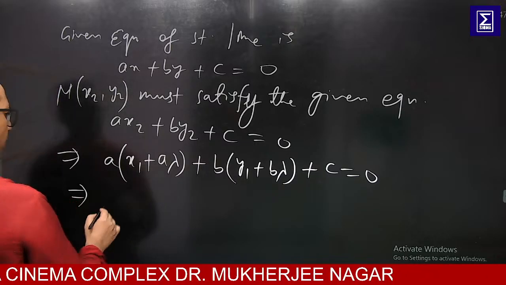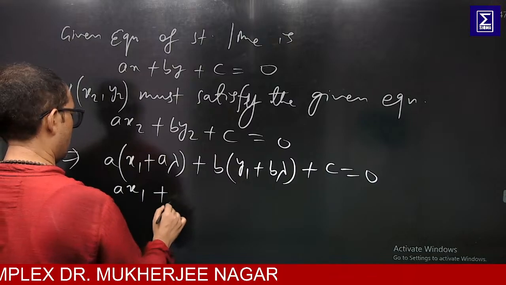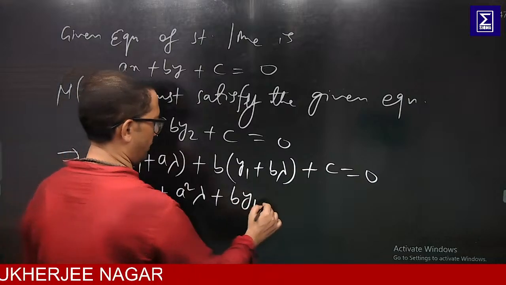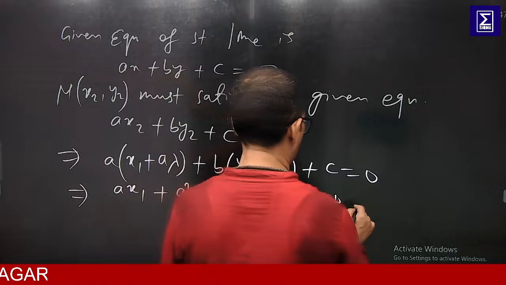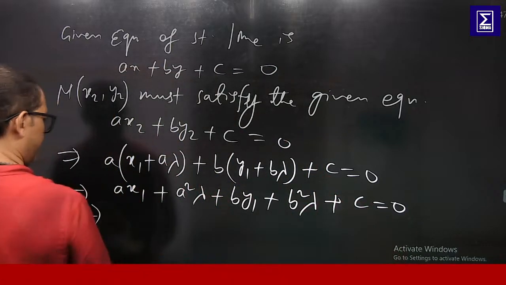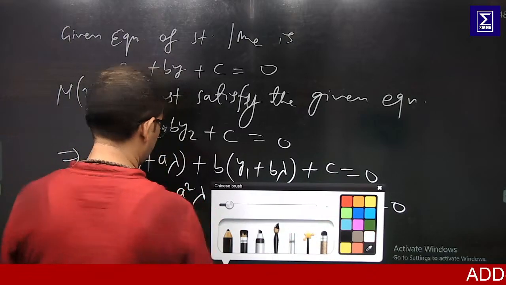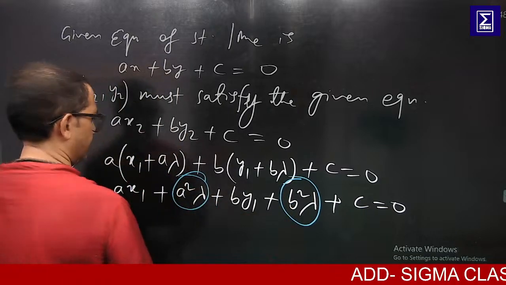So it would be ax1 + a square lambda + by1 + b square lambda + c = 0. So a square lambda and b square lambda are taken at one place.